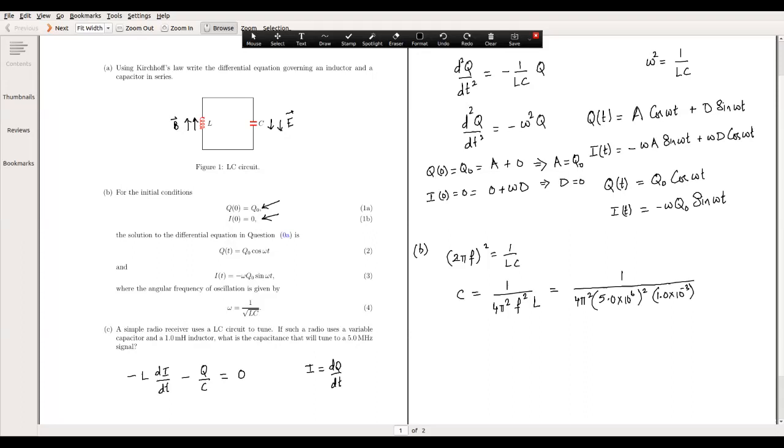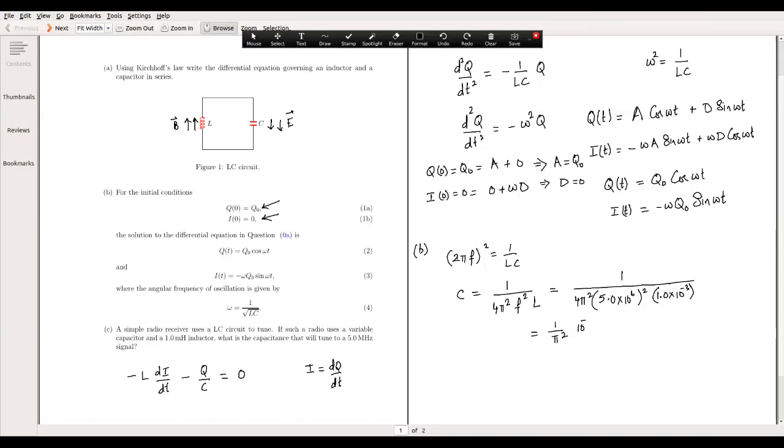So we have 5 squared, that is 25, and 25 times 4 is 100. So that's the same as 1 over pi squared times 10 raised to 12 plus 100, that's 10 raised to 14, and times 10 raised to minus 3, so 10 raised to 11 in the denominator.